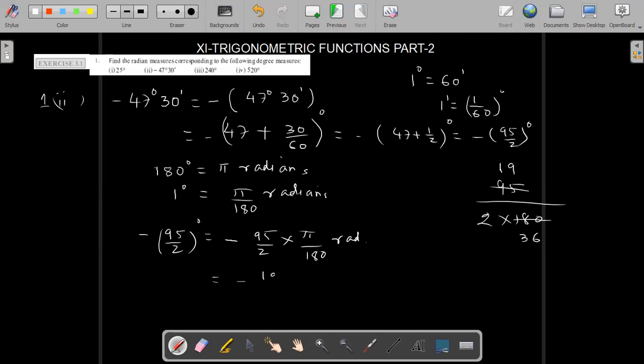So minus 19 pi by 72 radian. That's enough. So like this, we can convert any degree into radian. Other questions you can solve, that is for your homework.